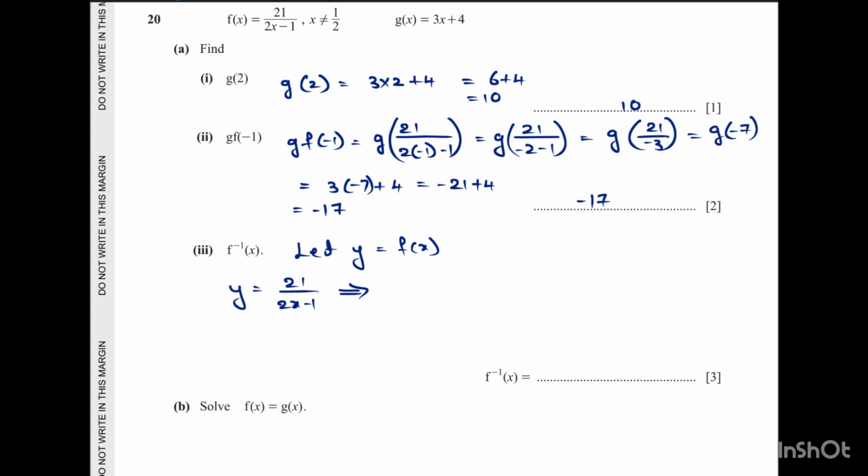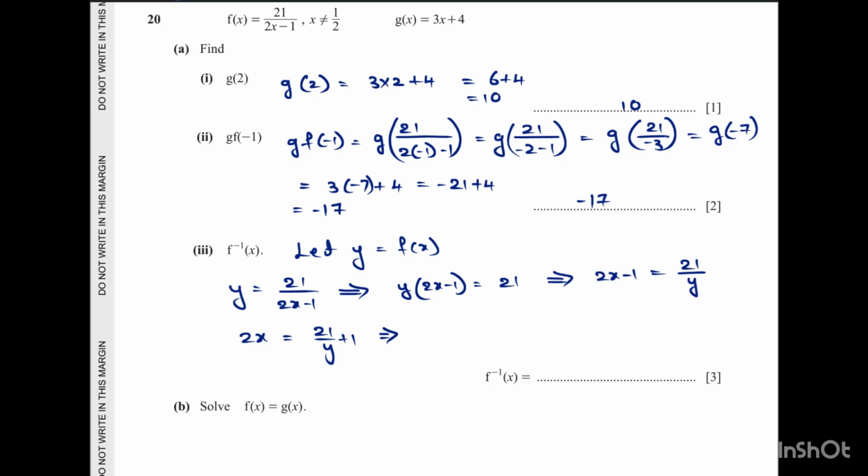Multiply the denominator to y. y into 2x minus 1 is equal to 21. Now keeping 2x minus 1, bring y to the right hand side, it gets divided. Then keeping 2x, bring 1 to the right hand side, it gets added.